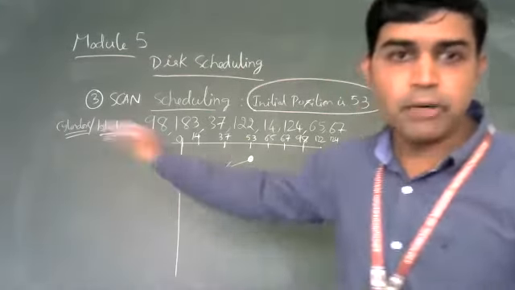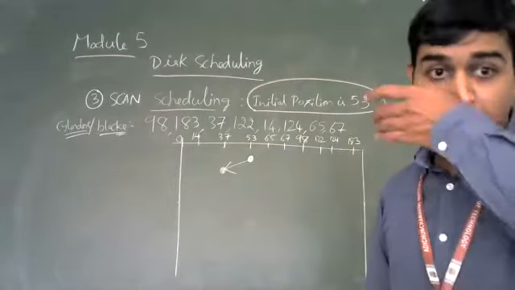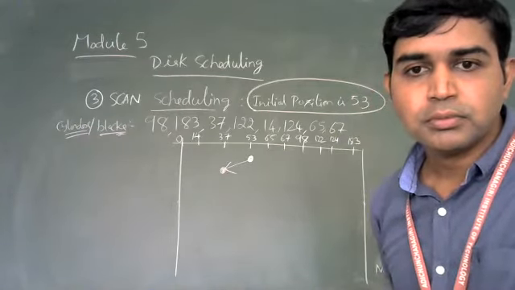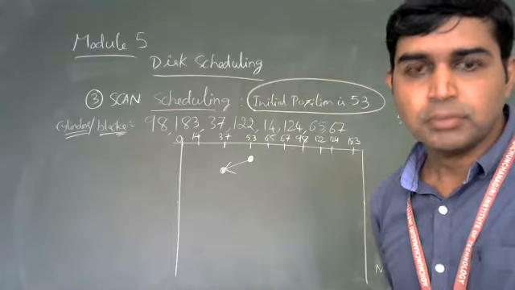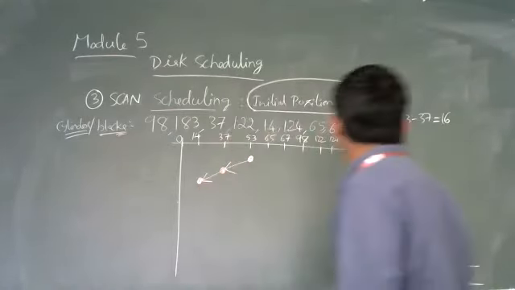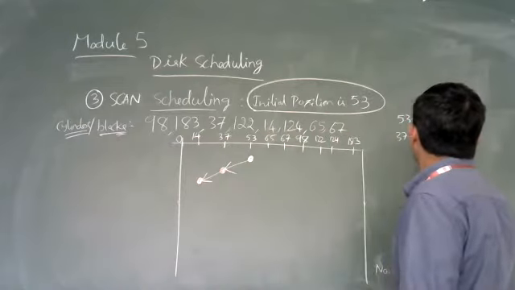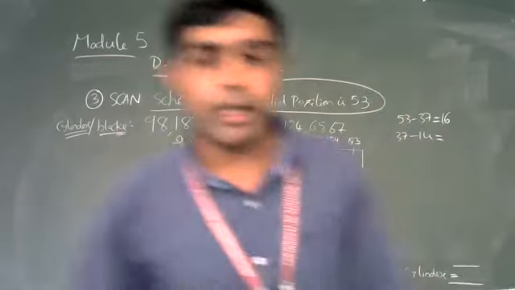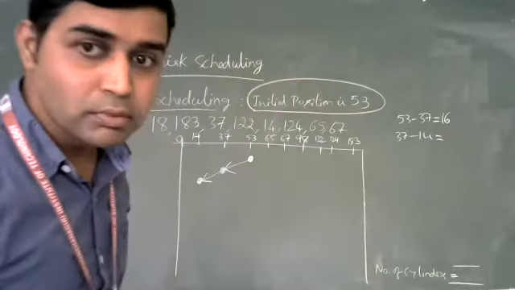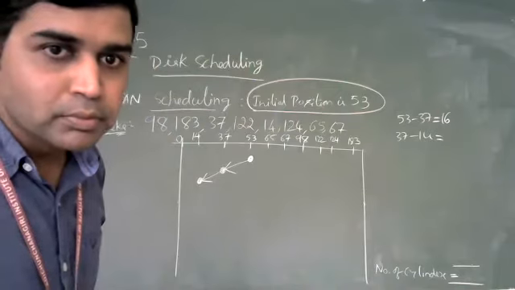Next, from 37, which is the next cylinder? Fourteen. Next, 37 minus 14, how much? 23.